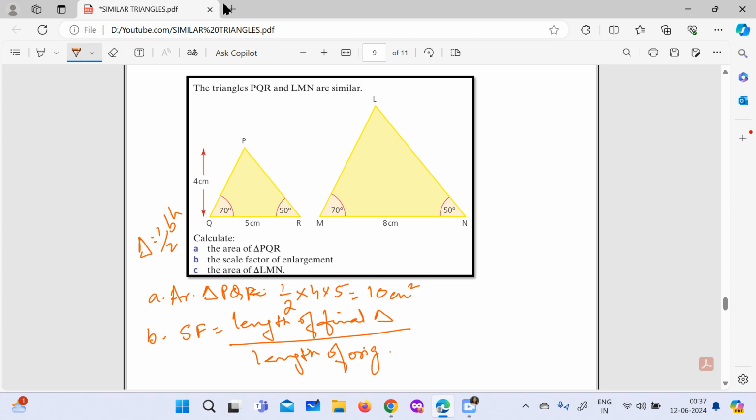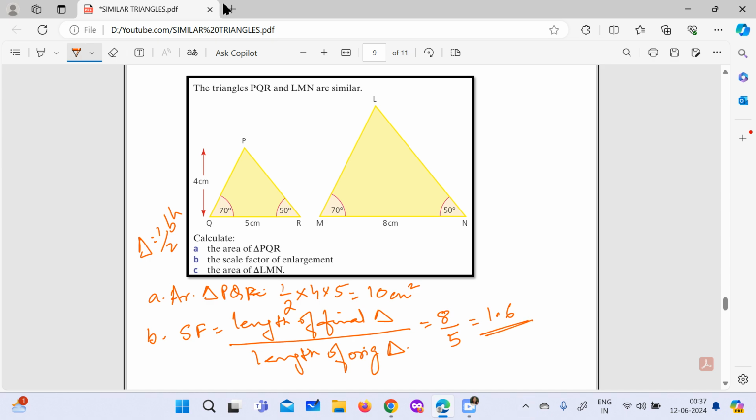So we know this already. This is the enlarged final one and this is the original smaller one. So this will become 8 over 5 and that will be 1.6. So your scale factor is 1.6.